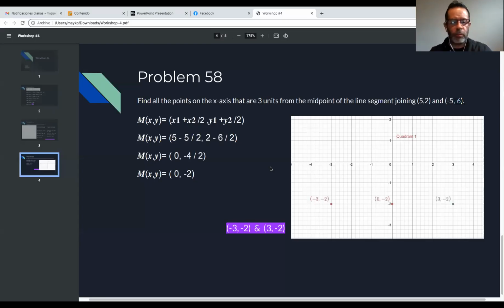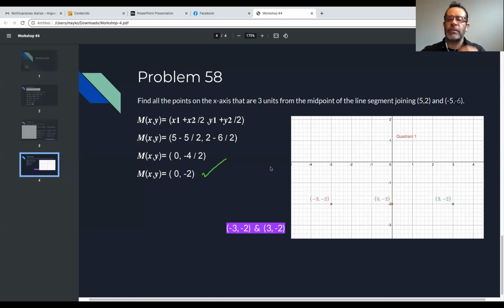The midpoint. We calculated the midpoint, and that's correct. You grab the 2 values, 5 and 2 and minus 5 and minus 6, and you've calculated the midpoint. I think that calculation is correct. 5 minus 5 is 0, and 2 minus 6 is minus 4, divided by 2.